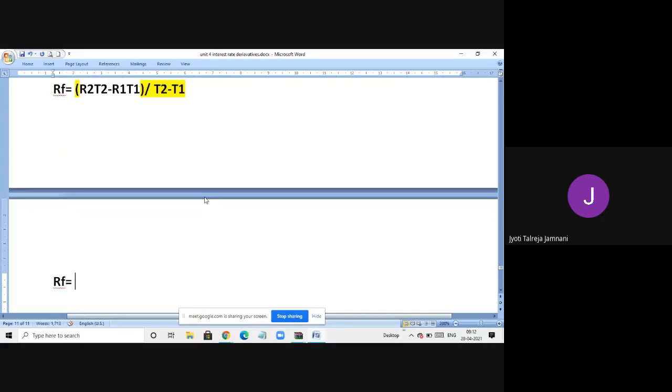RF is equal to R2, the rate we said is 2%. So 0.02, or we can just take 2 into the maturity, 0.5 years, that is T2, minus R1, which is 8.07%, into T1, which is 0.25 years, the whole divided by T2 minus T1, that is 0.5 minus 0.25.